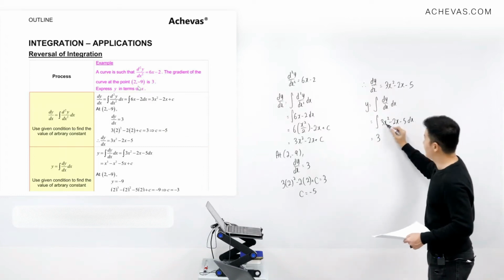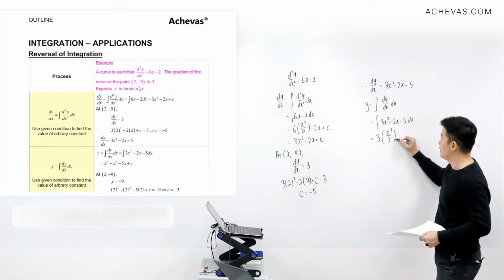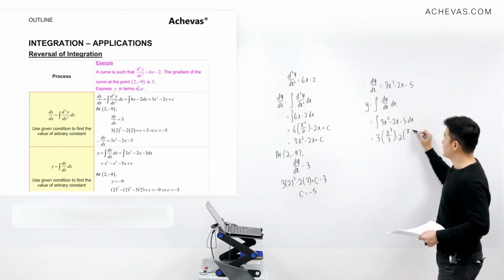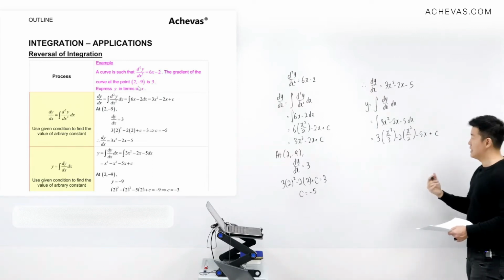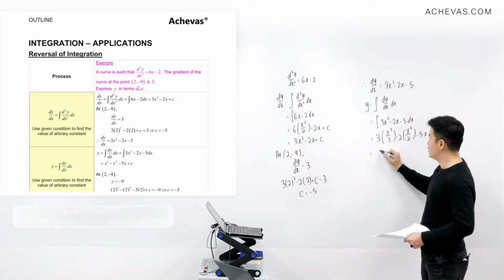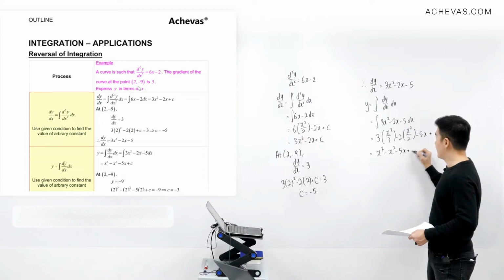So this will be 3 times x to the power of 3 over 3, minus 2 times x to the power of 2 over 2, minus 5x, then plus arbitrary constant c, which means that y is equal to x to the power of 3 minus x squared minus 5x plus c.